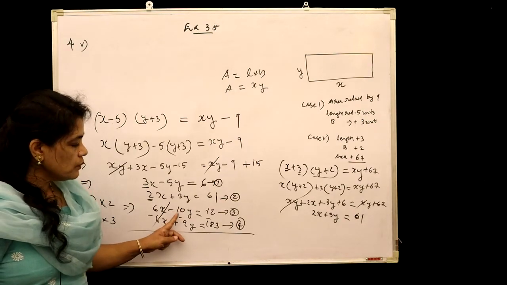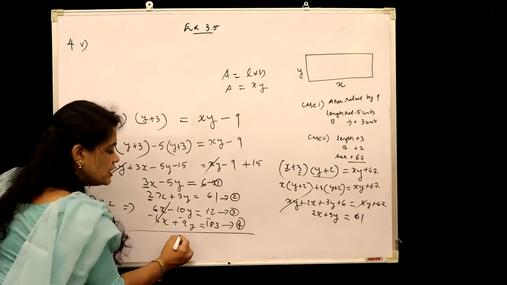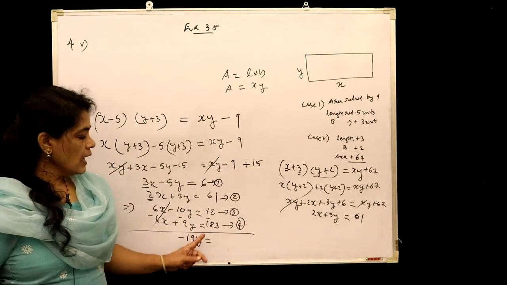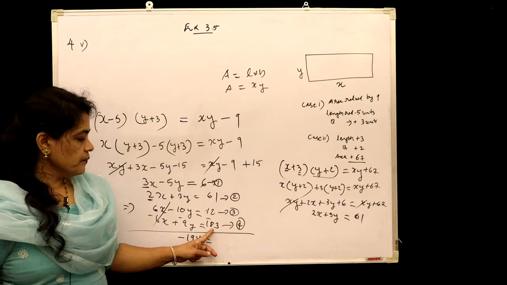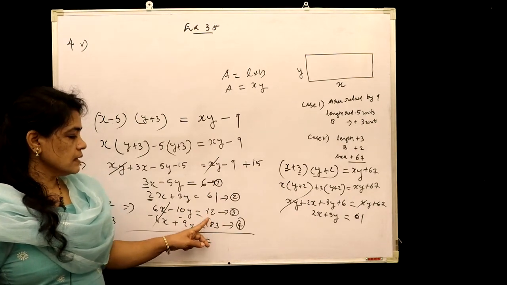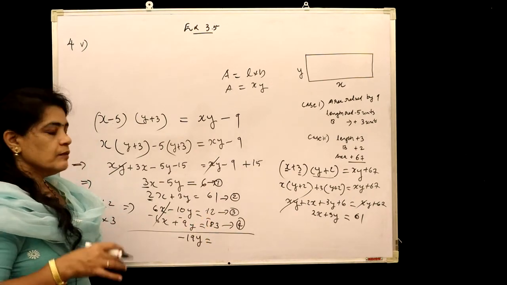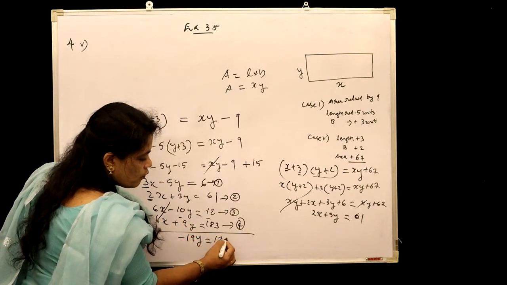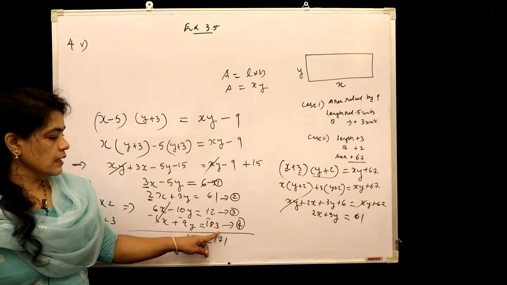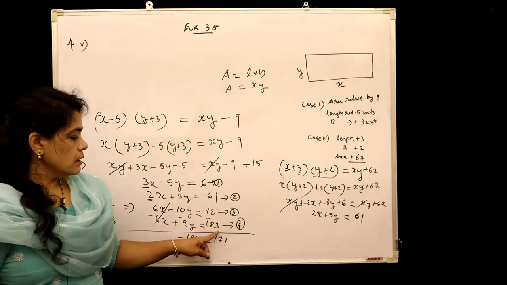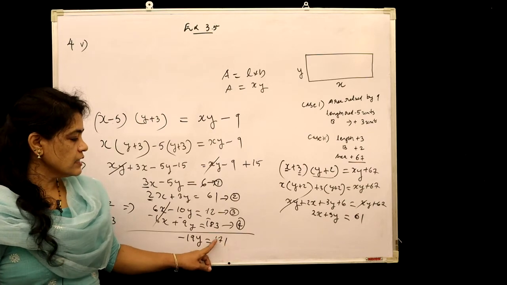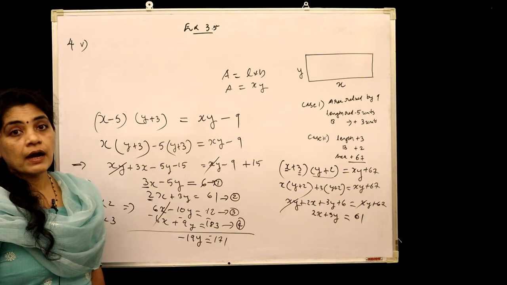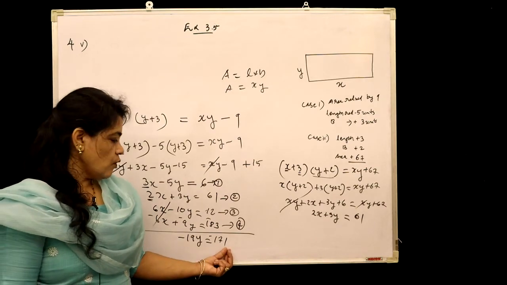So negative 10y minus 9y, negative 19y is equal to 12 minus 183, that is negative 171. 183 minus 12 is 171.